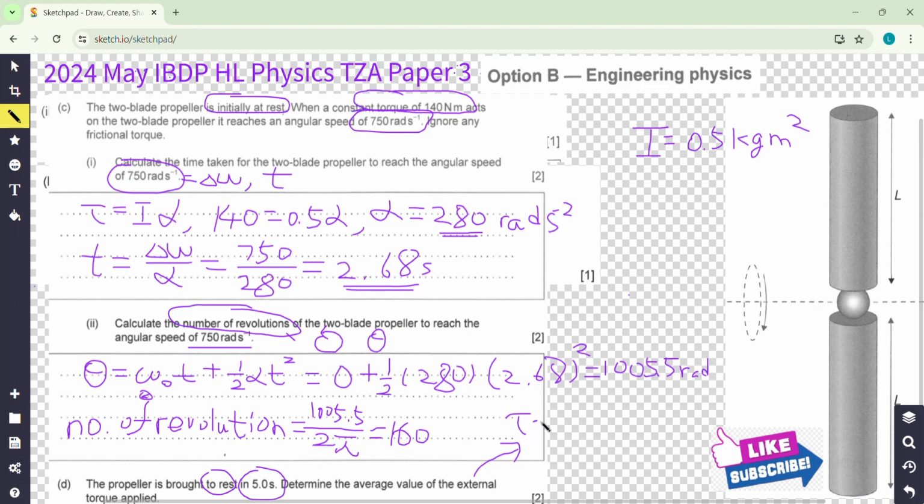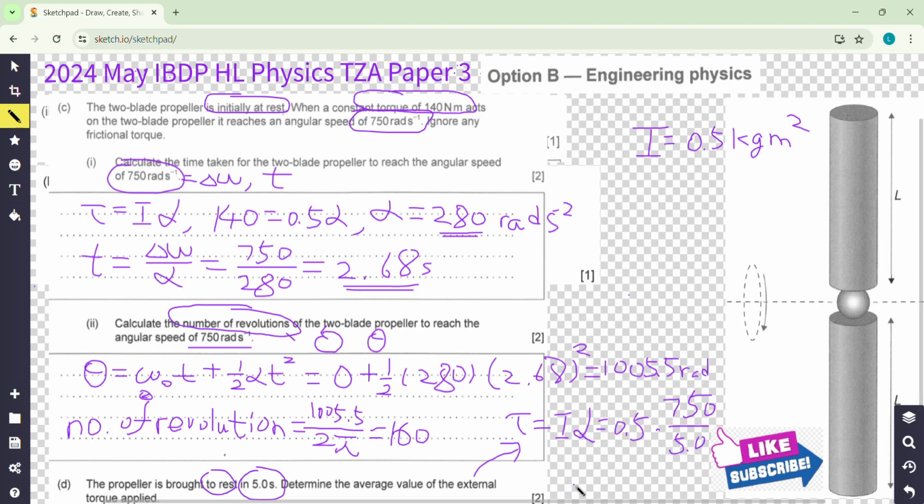Tau equals I alpha. I is 0.5, and the angular acceleration, you can say the magnitude of the deceleration. So 750 radian per second drops to 0 in 5.0 seconds. Sometimes it says 5.0, so just copy 5.0, don't say 5.